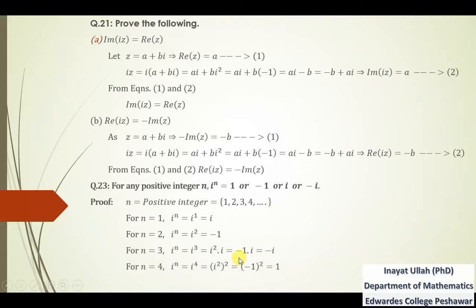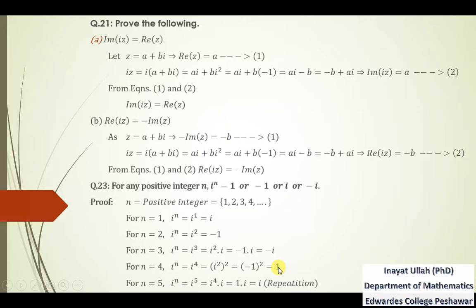Similarly, when we take n equal to 4, iota power n becomes iota power 4. This can be written as iota square whole square, but iota square is minus 1, so that is minus 1 whole square, which is 1. So when n is equal to 4, the answer is 1.